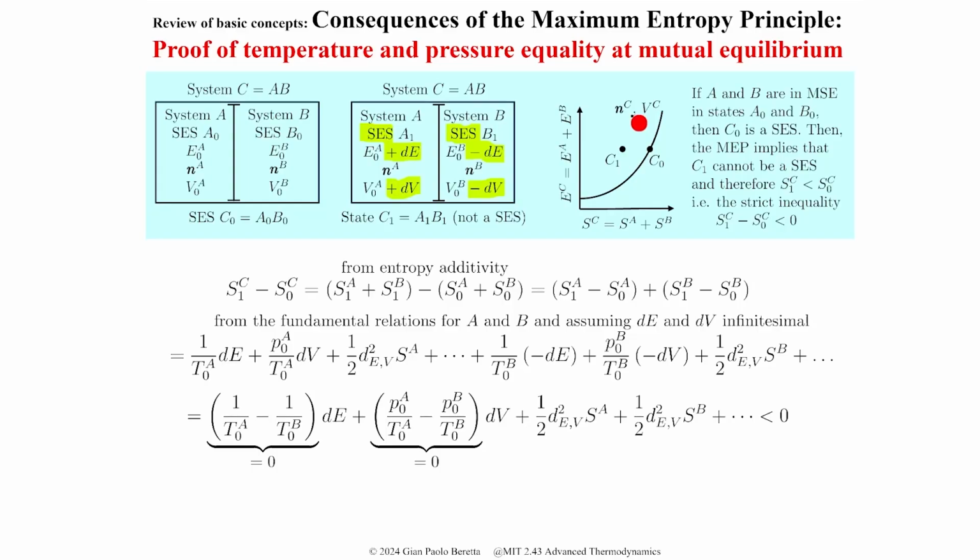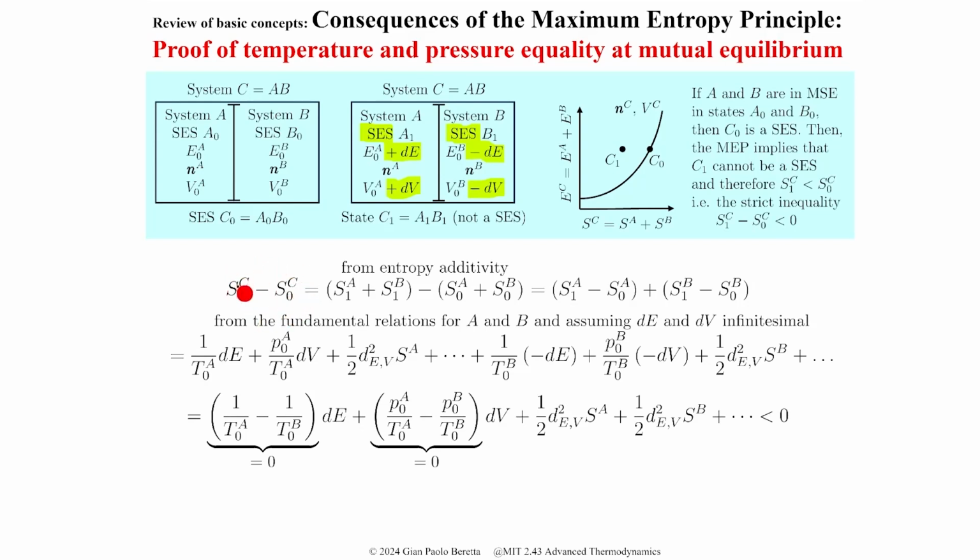Okay, and what we want to make use of is the fact that the maximum entropy, so that the entropy of C in state 0 is greater than that in C1, so that I can write it this way: S1C minus S0C must be less than 0. Okay, so we start.